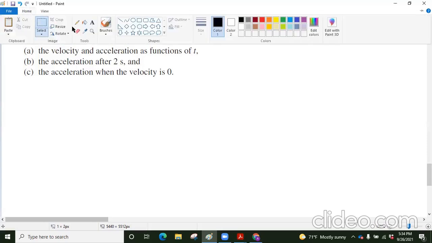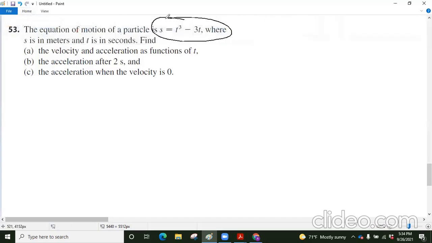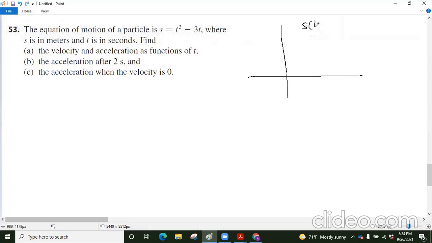So what you can think about is, if you have a graph like this, this is s of t, and s of t equals the position, and this is equal to time. Before, where we had x and y, or f of x rather, in this case it's just s of t, and in this case it's just time. So we're just changing our variables on our axes.